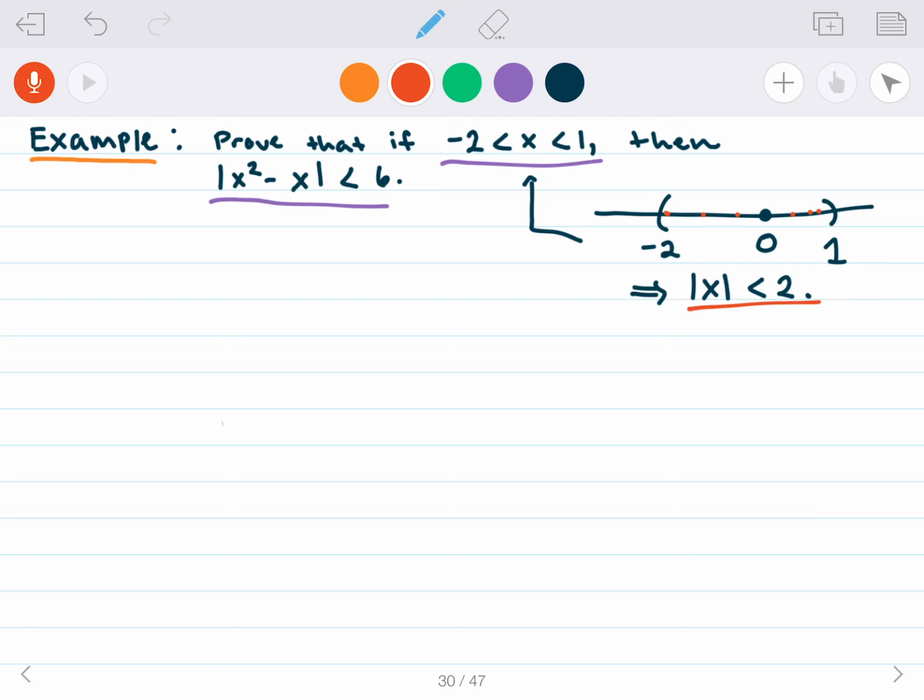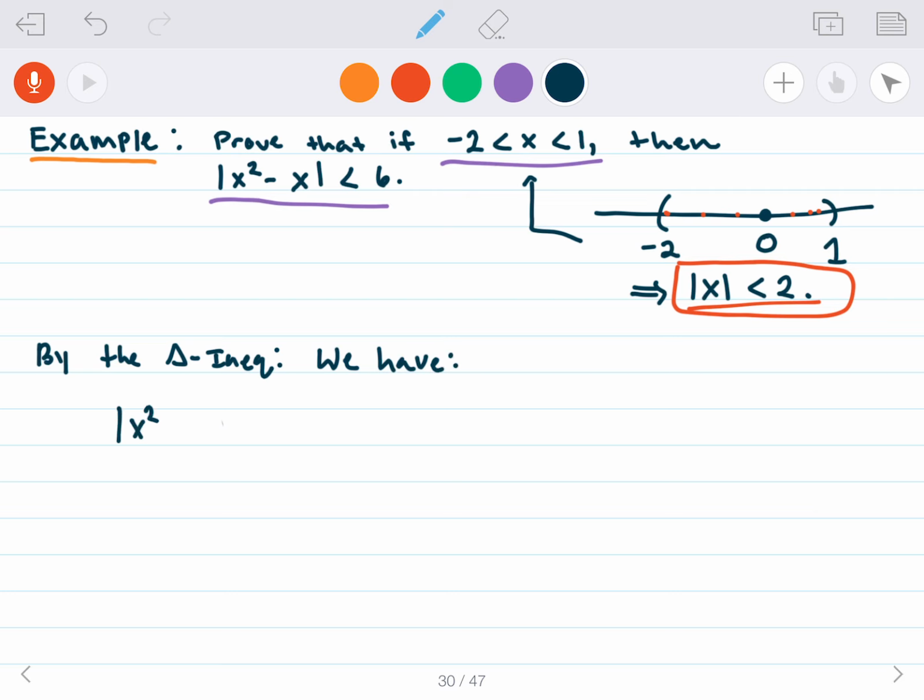All right, so we know this. So now let's use the triangle inequality. By the triangle inequality, we have, well, x squared minus x. This is equal to, I'm just writing all the steps out just so you see it.